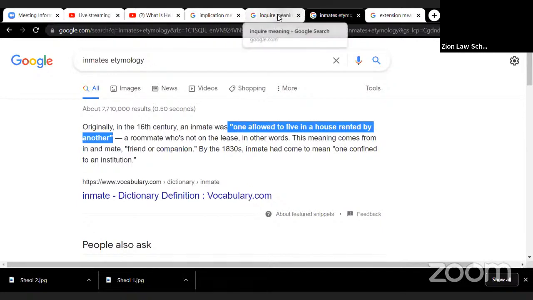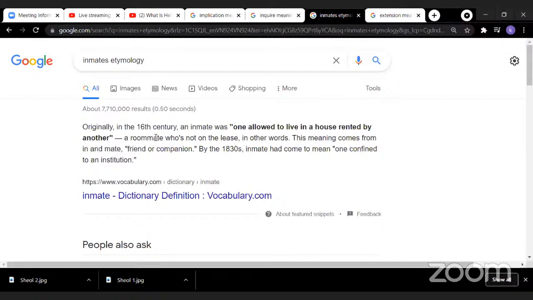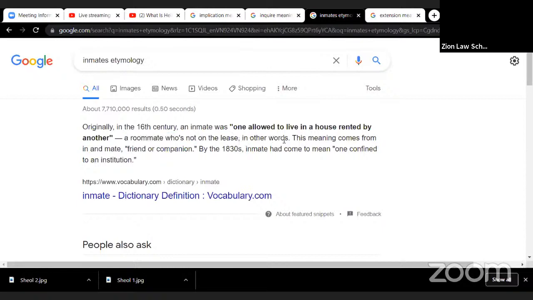I think that's quite interesting. You bet it is. A roommate who's not on a lease, in other words. Okay, this meaning comes from in and mate, friend or companion. Oh, wow. By the 1830s, inmate had come to mean one confined to an institution. Let me read this again.